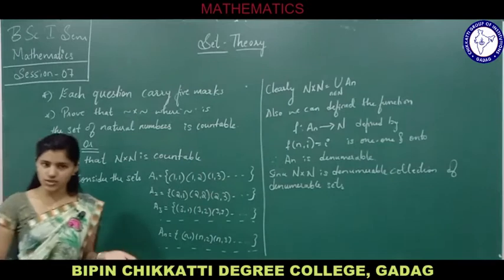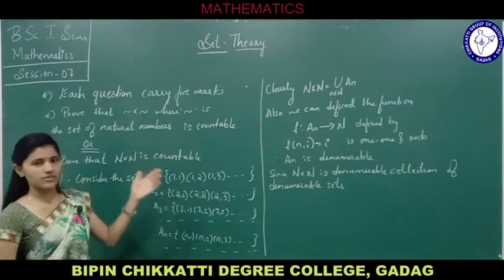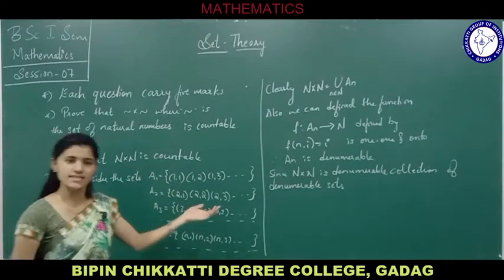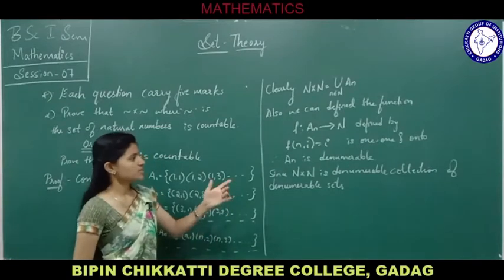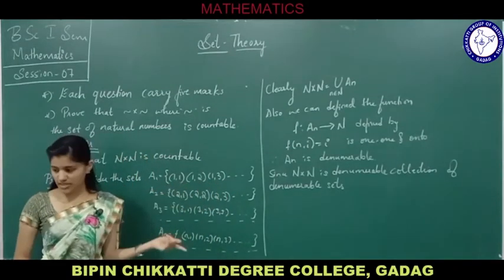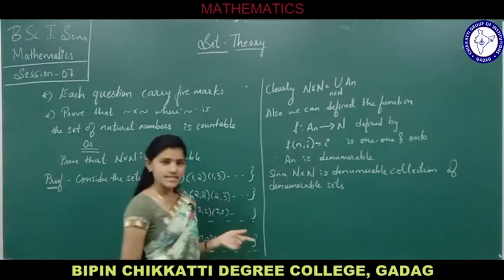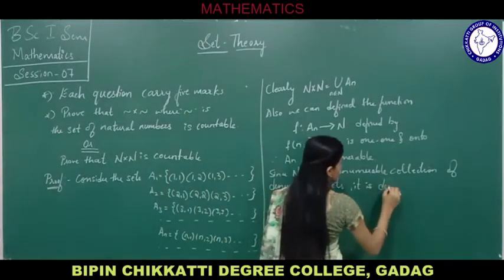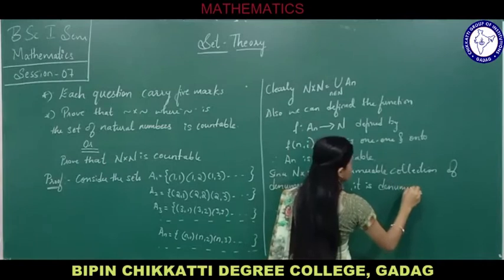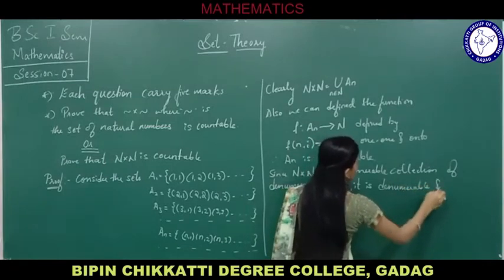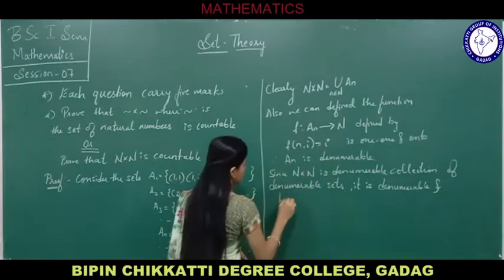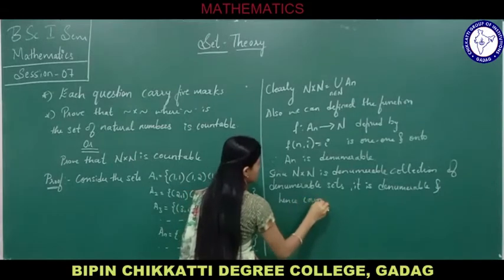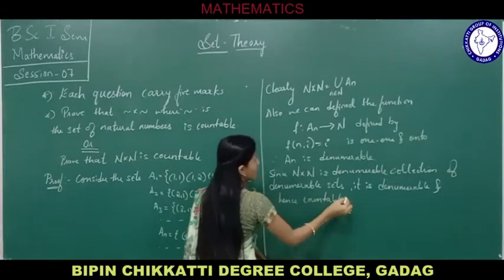It is denumerable, and hence, if it is denumerable, it is countable. A collection of denumerable sets is denumerable, and hence countable.